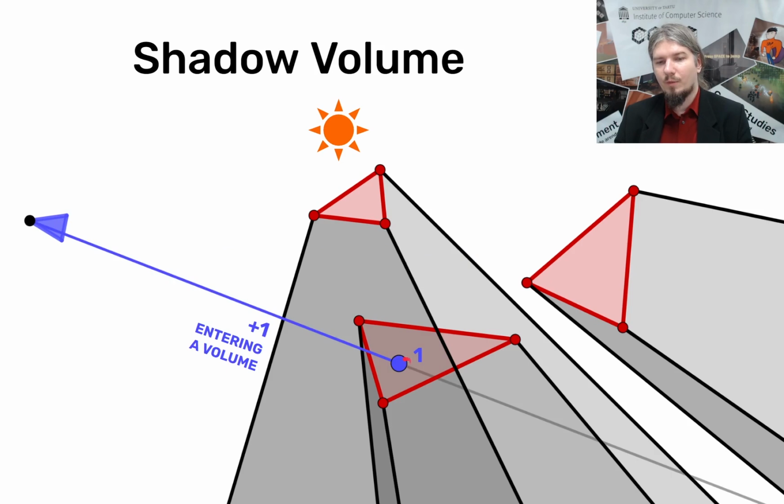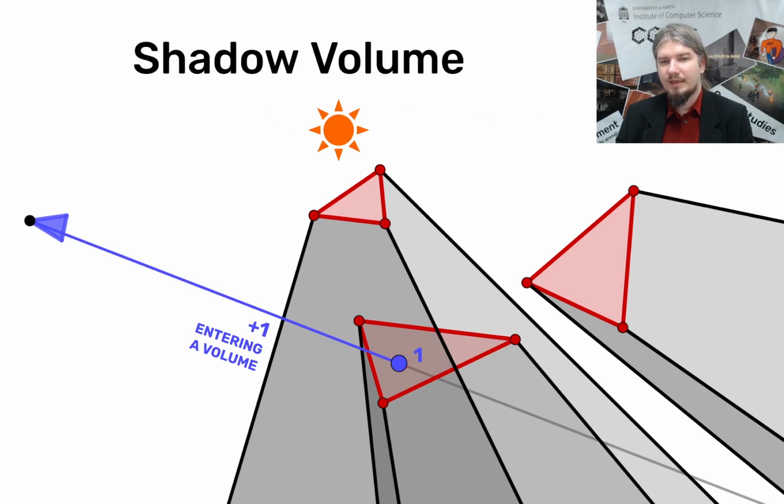But if we would have 1, then we know that we have entered a shadow volume 1 time, thus we are inside it, and we have to render this fragment as being in a shadow. So this is the basic principle behind the shadow volume algorithm.